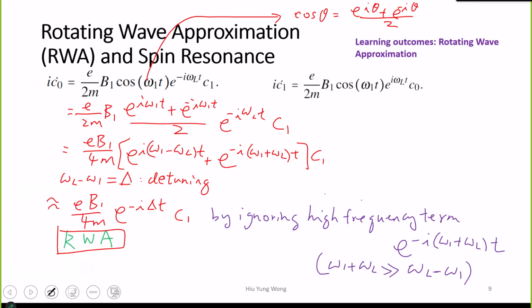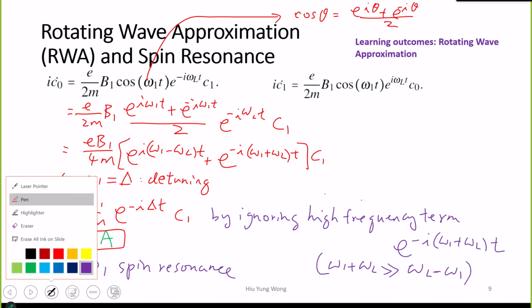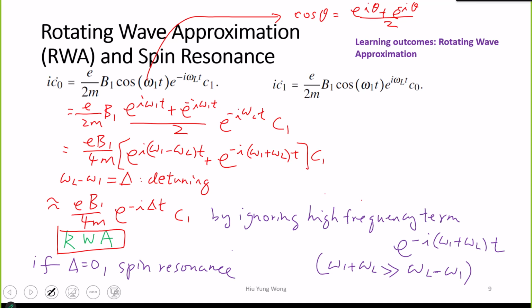Now there's a special situation. If I make delta equal to 0, this is called spin resonance. What does it mean? You will see better in the block diagram, but the result is this.